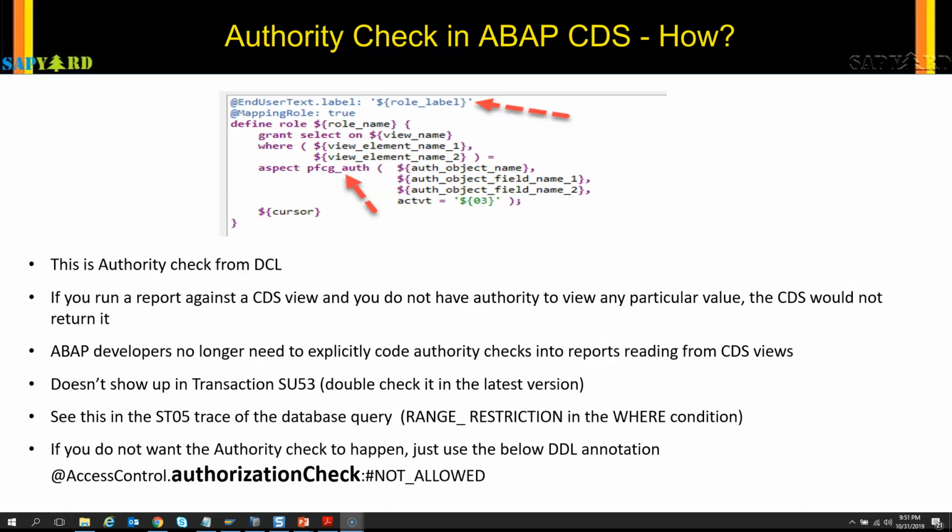In this tutorial, you will learn how to create it yourself. And once the PFCG role is created, we will generate a profile, and then we will add the role to the user and then test the CDS view. The coming exercises in the next session will be very interesting. So if you have a system ready, get ready with the system and try these exercises along with me.